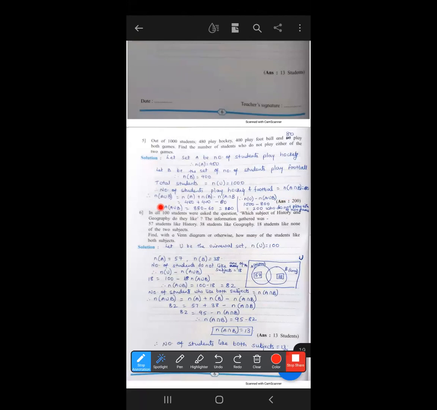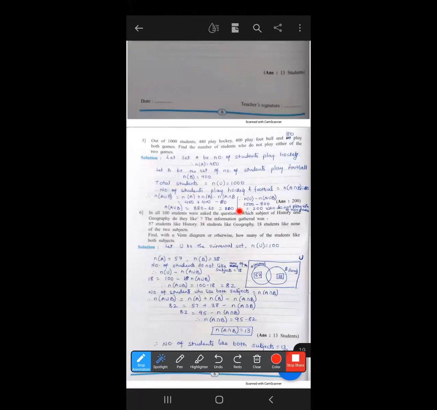Now, as you know our formula, N of A union B equals N of A plus N of B minus N of A intersection B. Substitute in this: N of A equals 480, B the value is 400, minus 80.